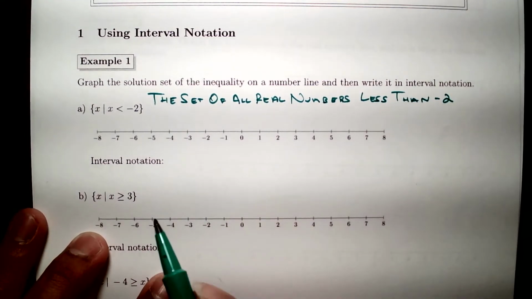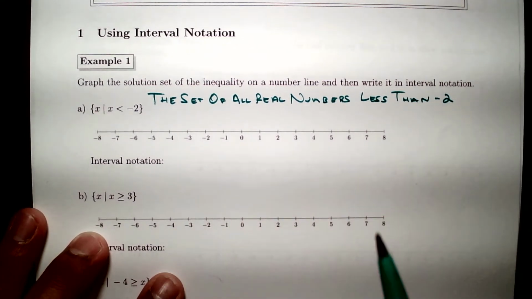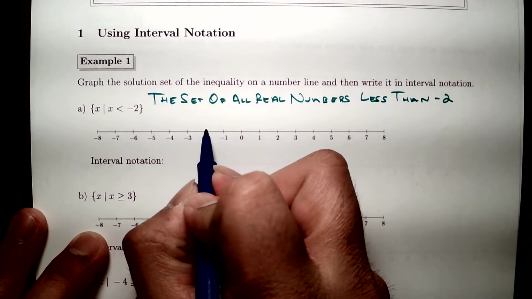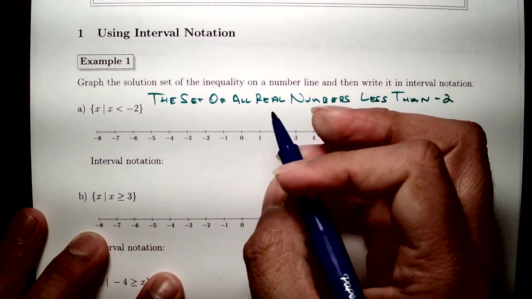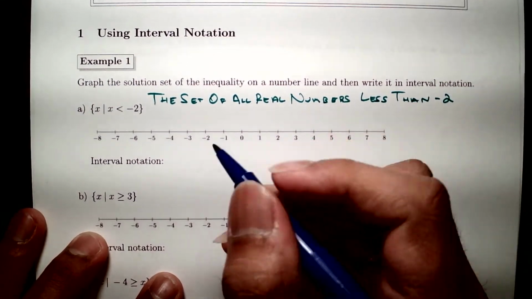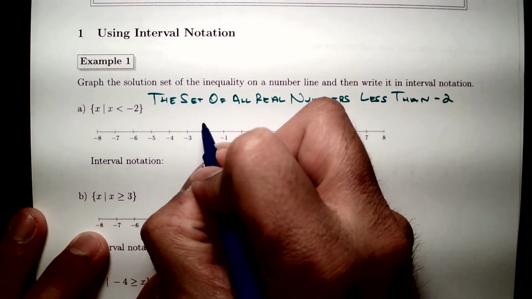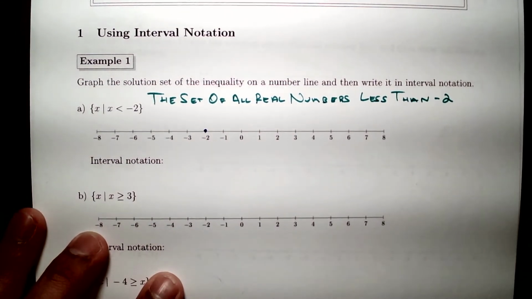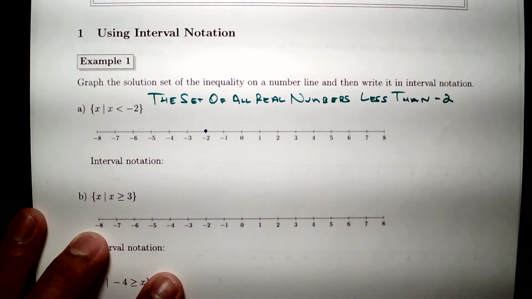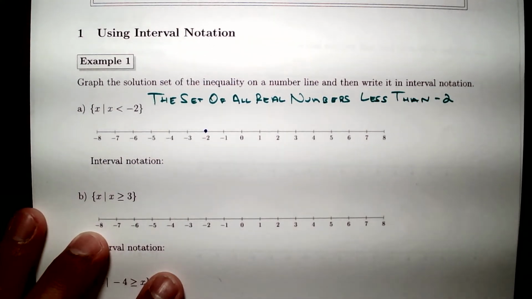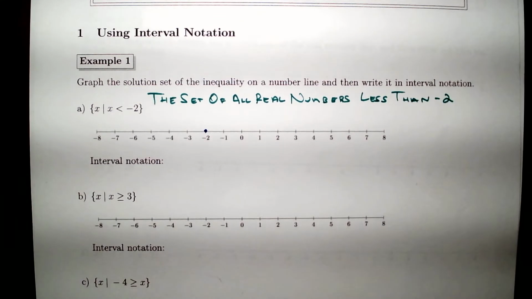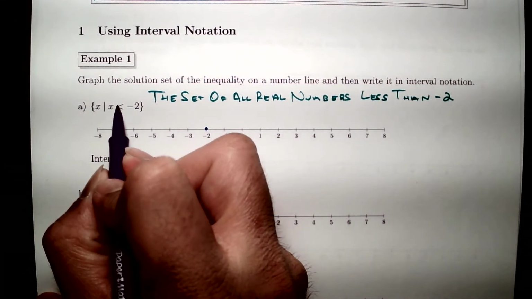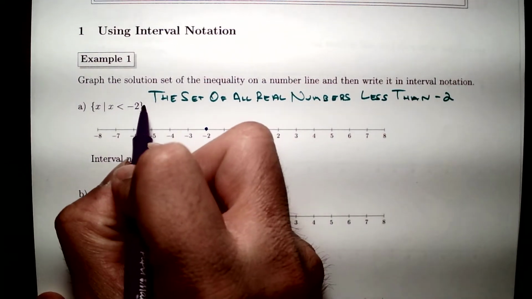All right, so what are we going to do in this case? Well, we're going to go to -2, which is right here. And there are two different ways to express this one. Let me locate the number -2. And in which direction are we going to shade this? Think of this inequality as telling us about the direction of an arrow.